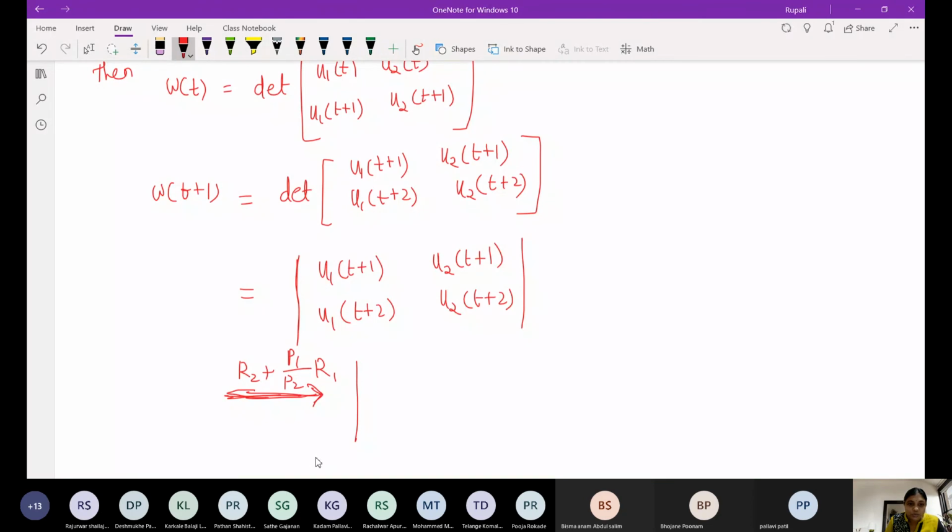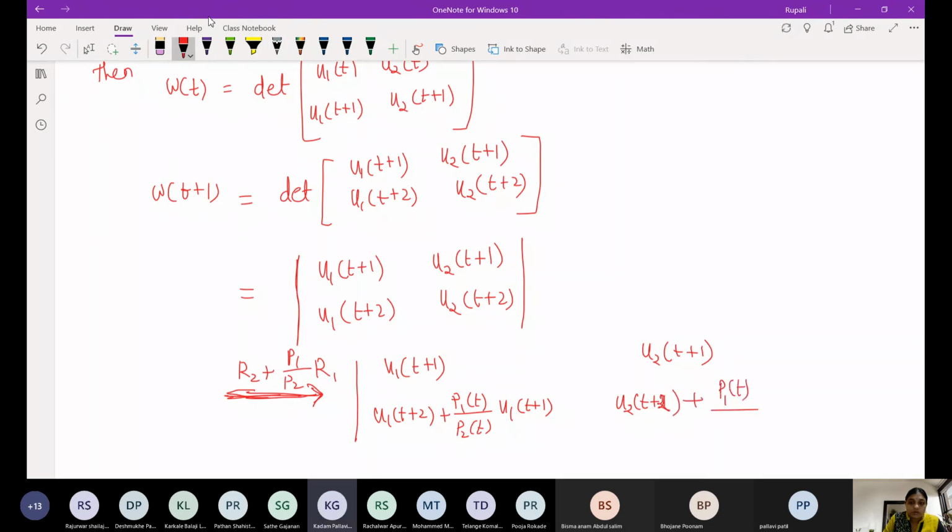R2 means row 2. So row 2 has been changed, while the first row stays as it is: u1(t+1), u2(t+1). The second row becomes u1(t+2) + p1(t)/p2(t) u1(t+1), and u2(t+2) + p1(t)/p2(t) u2(t+1).